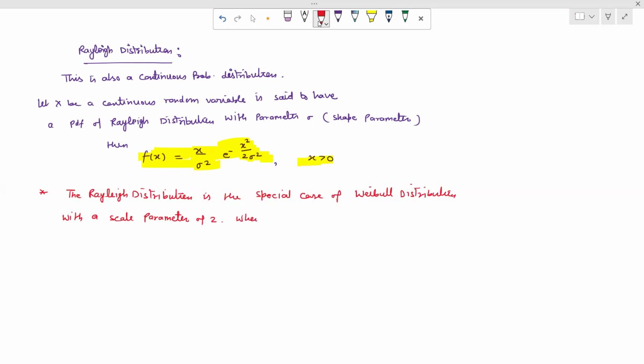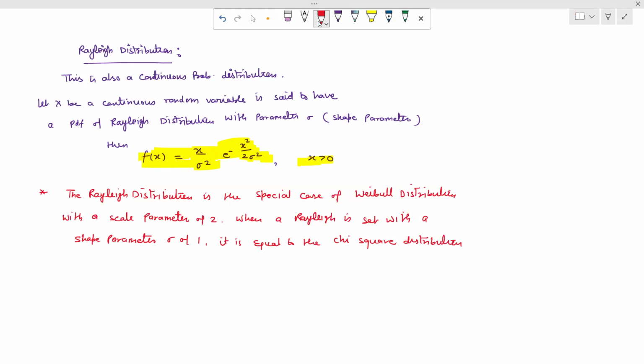When a Rayleigh is set with a shape parameter sigma of 1, it is equal to the chi-square distribution, which will be discussed later, with 2 degrees of freedom.